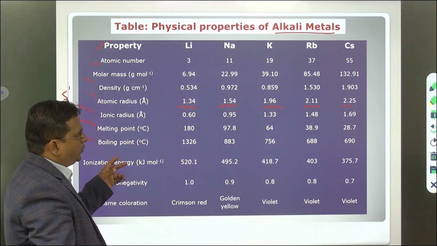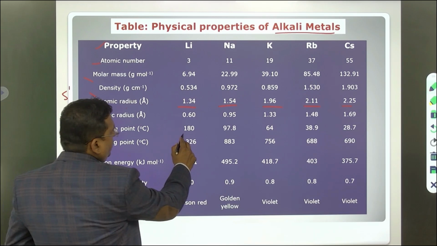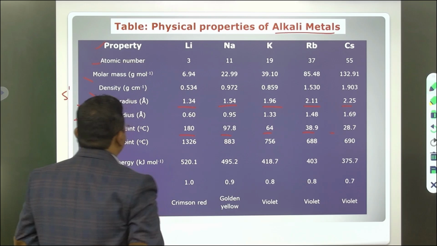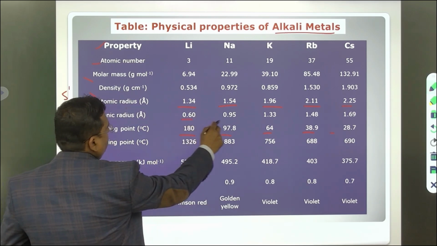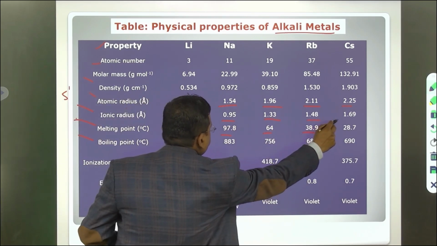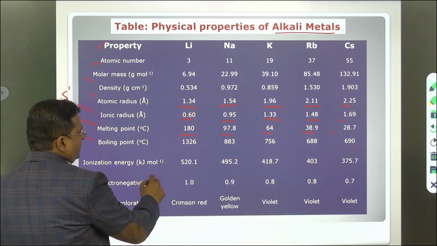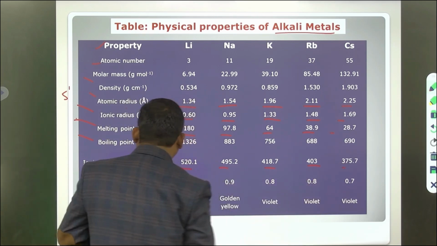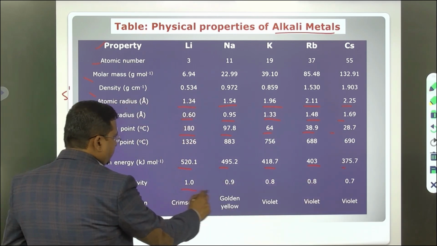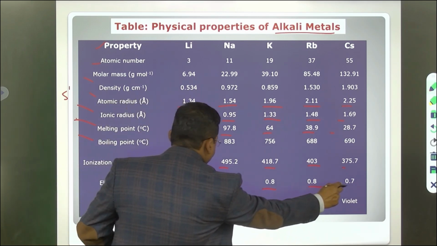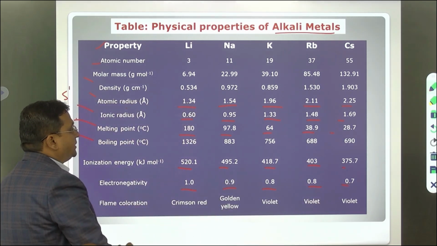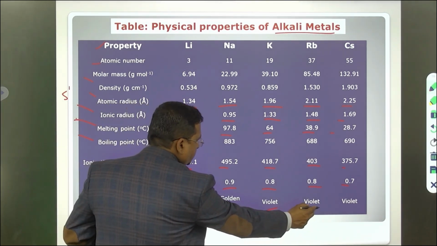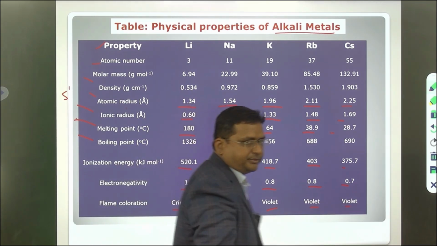Melting point also decreases gradually. Ionic size also increases gradually. Ionization energy decreases gradually. Electronegativity decreases gradually. And flame coloration: crimson red, golden yellow, violet, violet and violet.